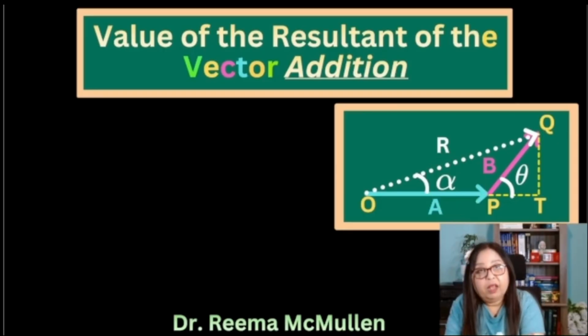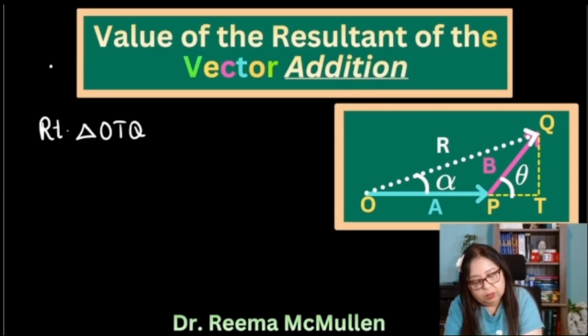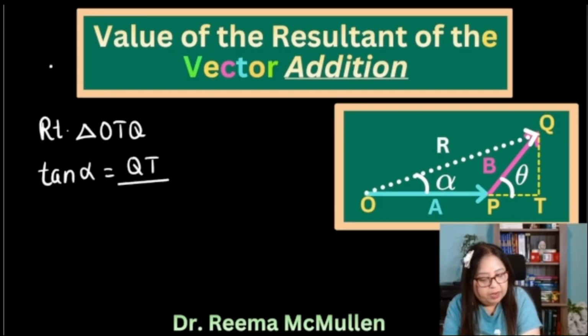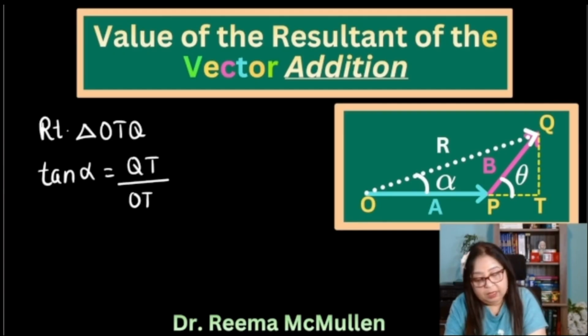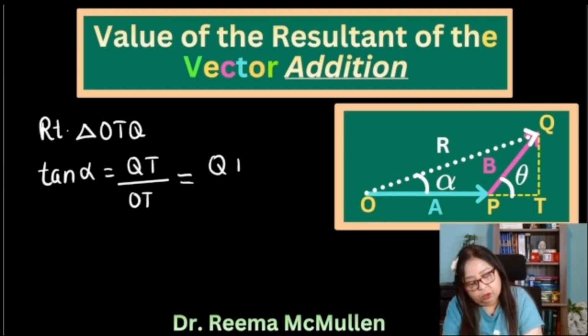Let's begin with right-angled triangle OTQ. Tangent alpha is going to be equal to QT divided by OT. Now this OT in the denominator, we're going to write as the sum of OP and PT. QT divided by OP plus PT.